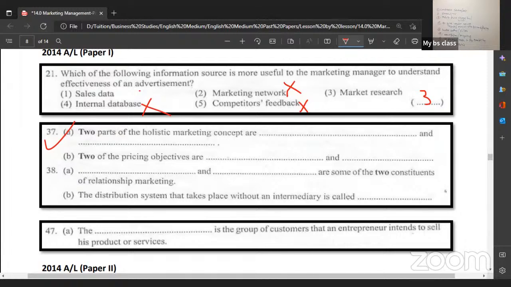Now let me come to relationship marketing. Can you remember that we highlight 3 key areas when it comes to relationship marketing, which comes under the holistic marketing concept?